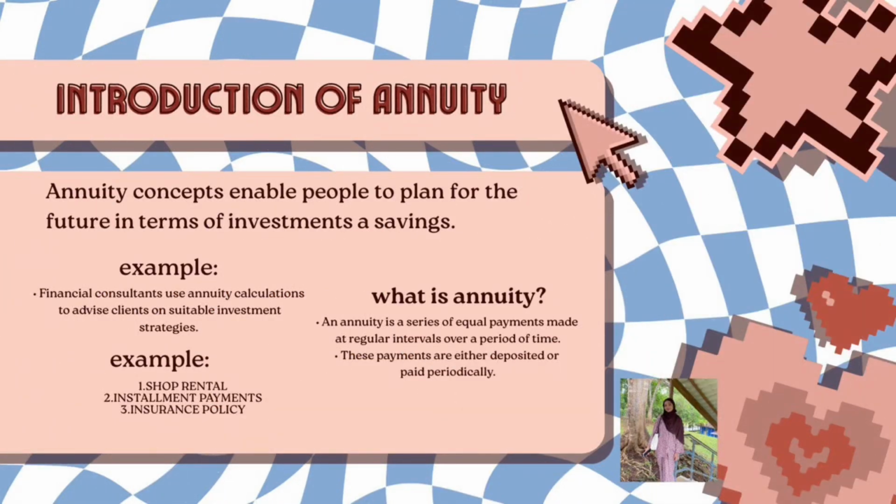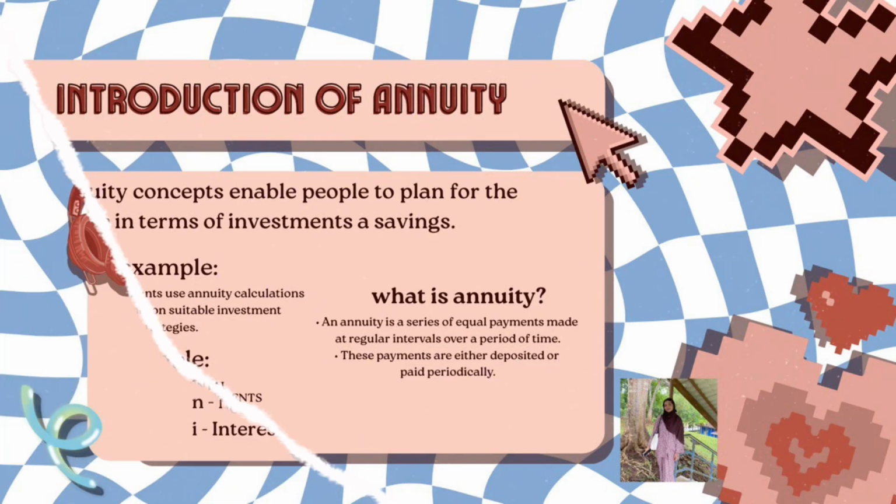Introduction of annuity. Annuity concepts enable people to plan for the future in terms of investment or savings. For example, financial consultants use annuity calculation to advise clients on suitable investment strategies, such as shop rental, installment payments, or insurance policy. An annuity is a series of equal payments made at regular intervals over a period of time. These payments are either deposited or paid periodically.